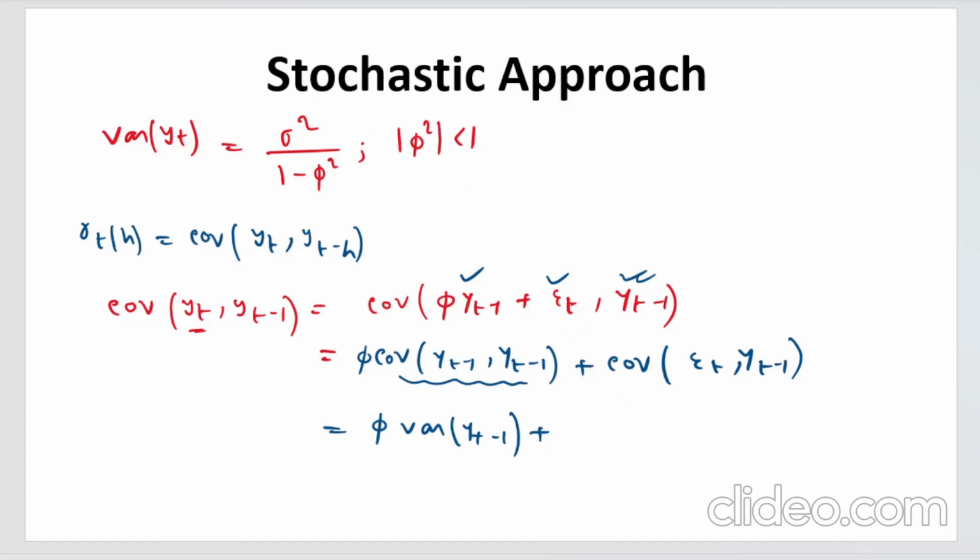Now this thing is important: covariance of epsilon t and yt minus 1. As a rule of thumb, you must remember that covariance of epsilon t and yt minus j is always 0 for j greater than 0.